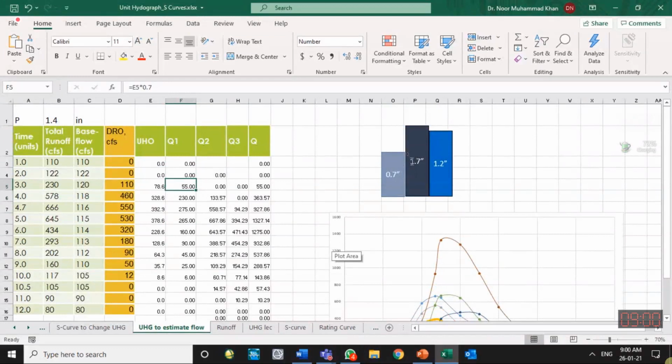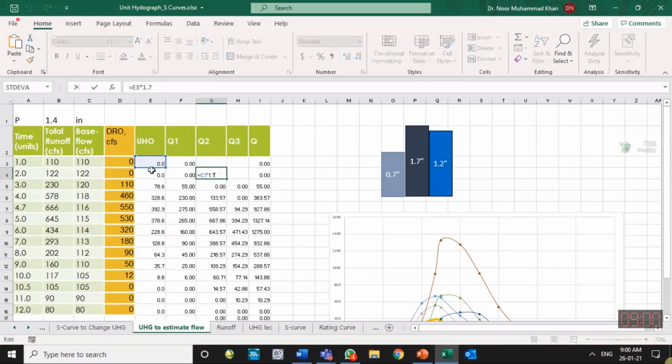After 1.5 hours, the rainfall recorded in the next 1.5 hours was 1.7 inches. See, it has started from the second time step, the second 1.5 hours, so it is not starting from the first time step. We are multiplying the ordinates of the unit hydrograph with 1.7, but putting it over here with a lag of 1.5 hours.